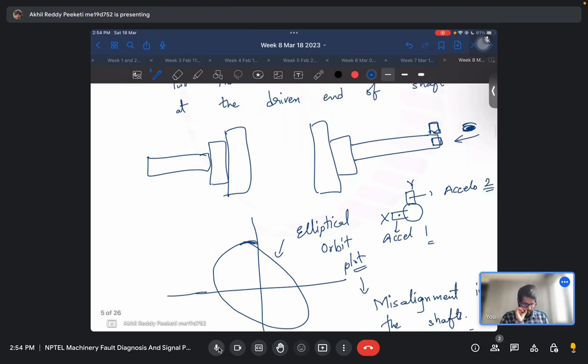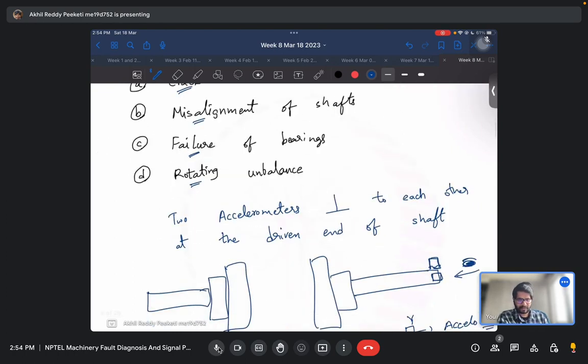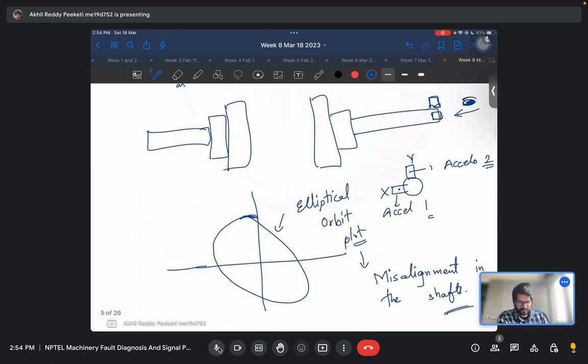If there is no misalignment, you should get a perfect circle.